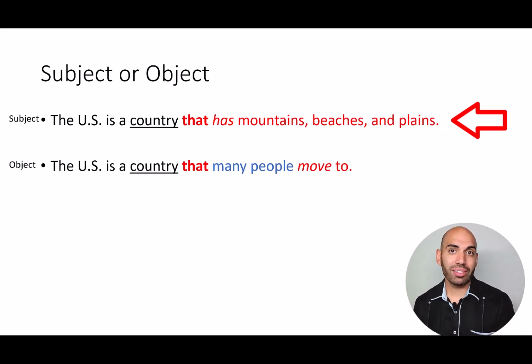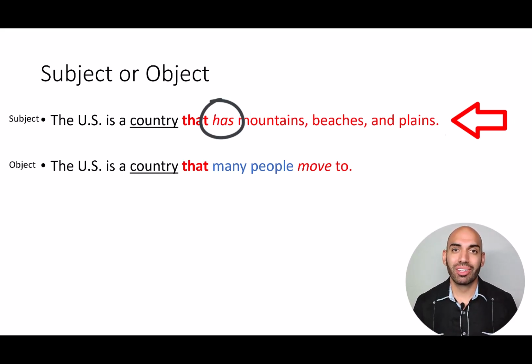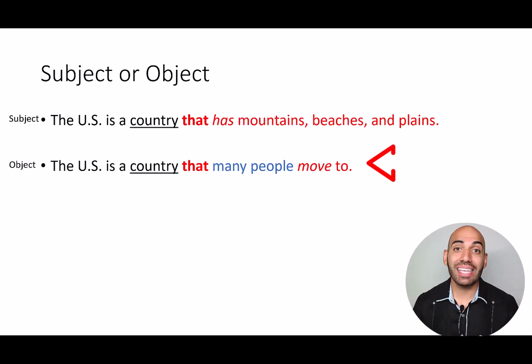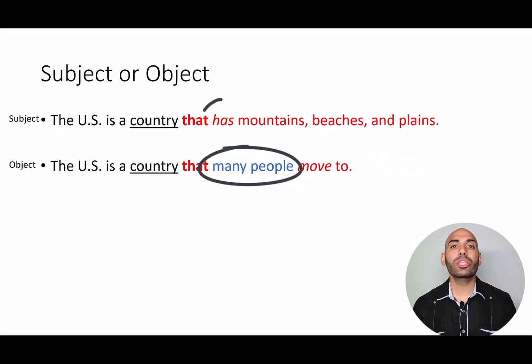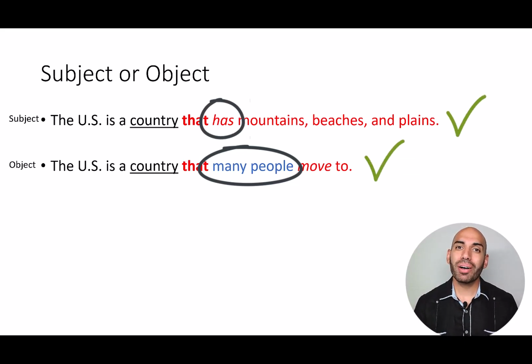After the word that, I have a verb, has. That has mountains, beaches, and plains. In example sentence number 2, after the word that, I have a new subject, many people. This is very common in English. We can do both of these, but they work a little bit differently.